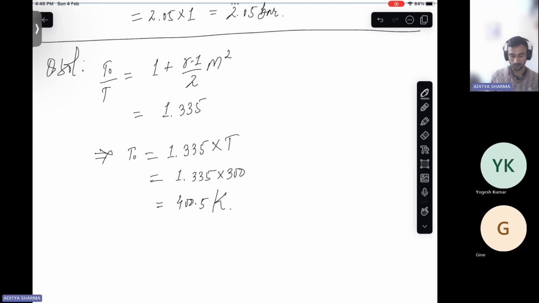If you start ignoring your decimals from the beginning of the solution, then this gap becomes too much eventually when you get your final answer.